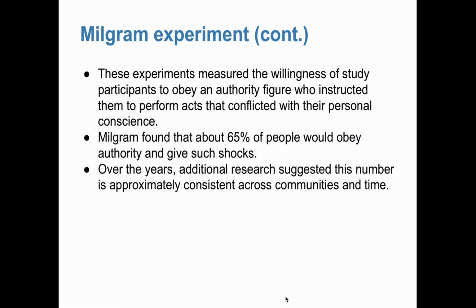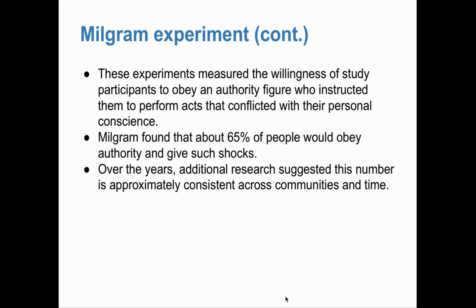And so they were measuring the willingness of study participants to obey an authority figure who instructed them to perform acts that conflicted with their personal conscience. So, what percentage of people were willing to continue to administer painful electric shocks to another person because someone in a lab coat told them to?